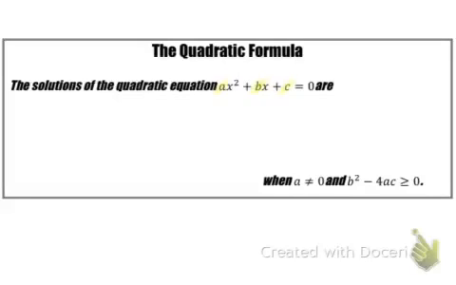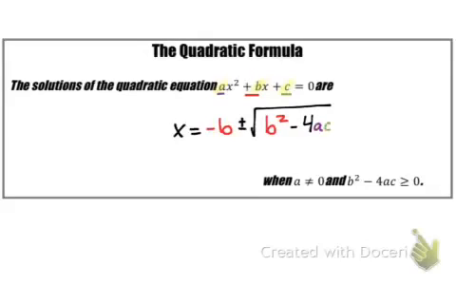So we have our solutions of our quadratic formula be x equals opposite b plus or minus the square root of b squared minus 4ac all over 2a, quadratic formula. So that's how I always remember the quadratic formula, so that if I'm trying to solve a quadratic, I sing that little song in my head.